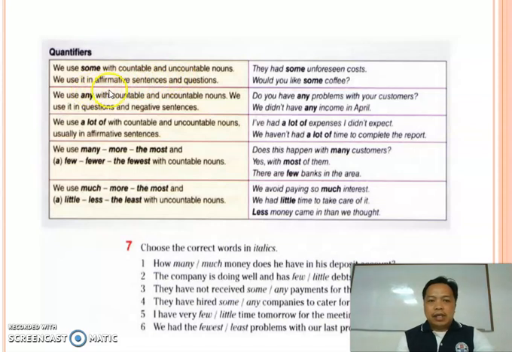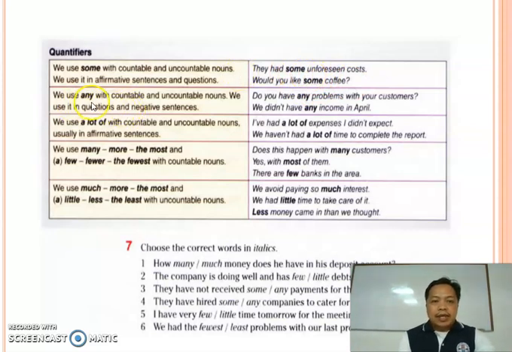We use it in affirmative sentences and questions. For example, this is how we use some. They had some unforeseen cost. Would you like some coffee? So this is countable and this is uncountable. So we can use both.